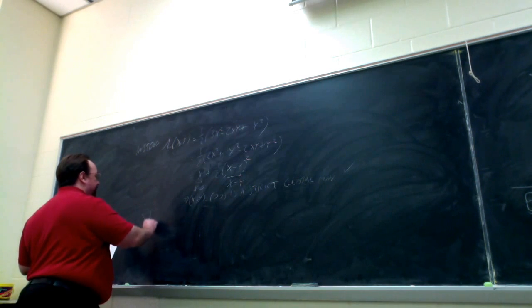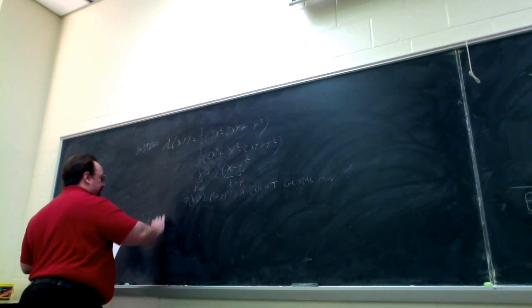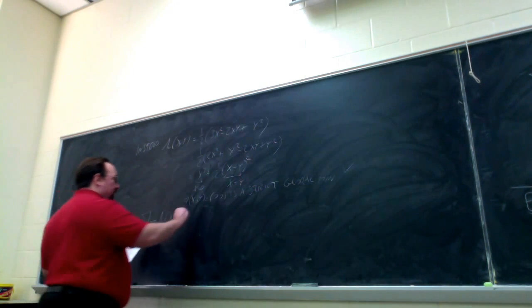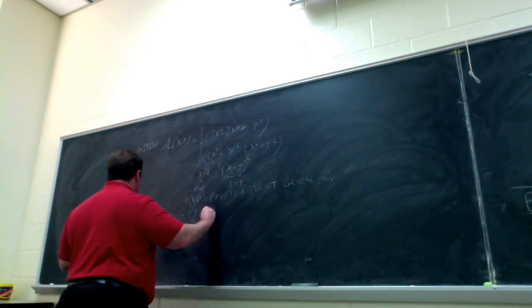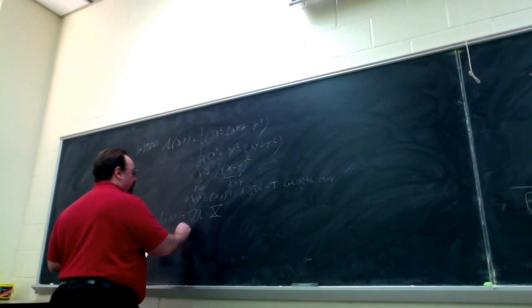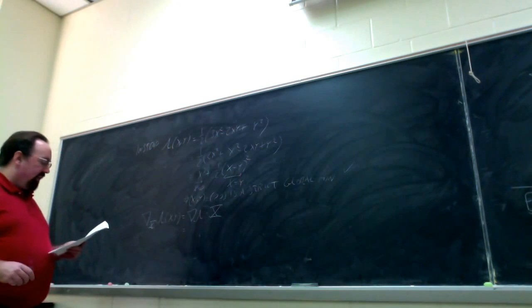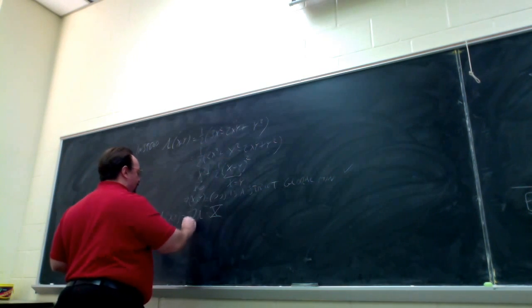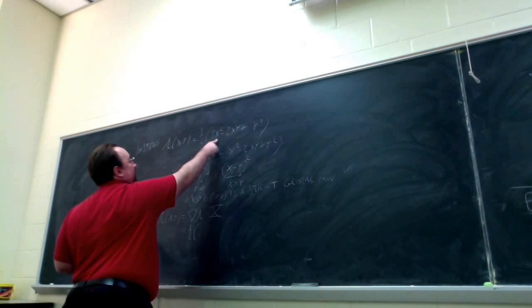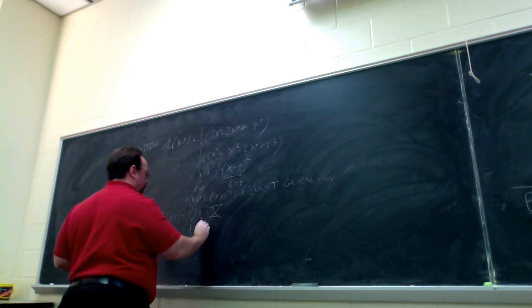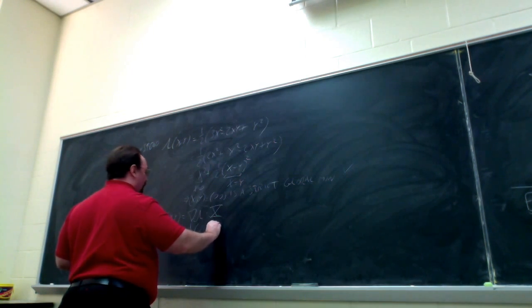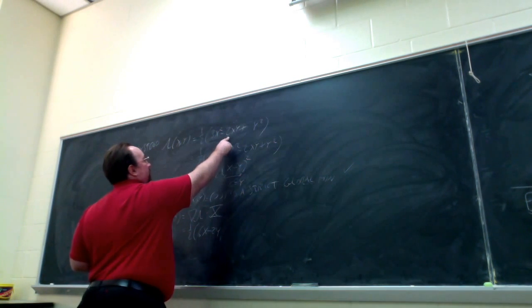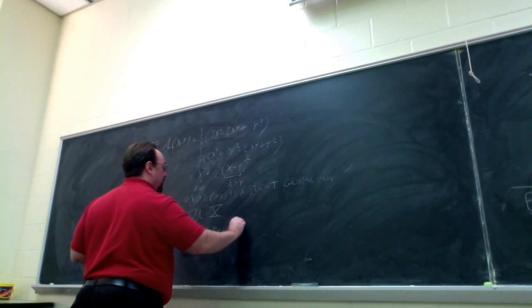So the covariant derivative of lambda is going to be the gradient of lambda dot product with big X. Now the gradient: if you take the derivative with respect to x, you get 6x minus 2y. And then the derivative with respect to y is going to be minus 2x plus 2y.